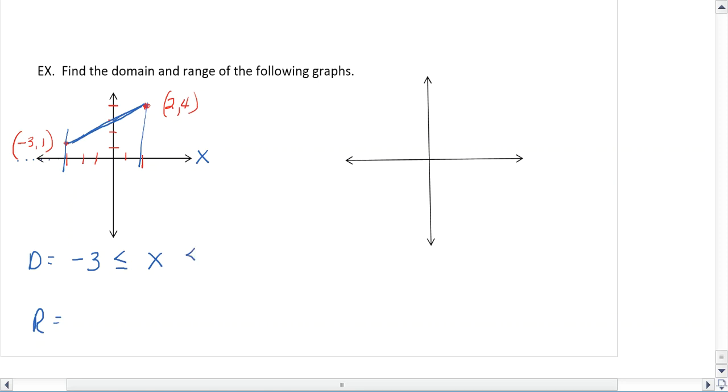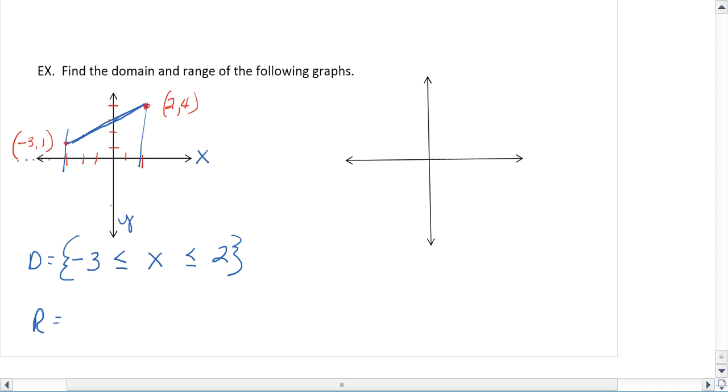So I would say less than or equal to 2. So we put the lower boundary here, the upper boundary here, and this is a set. It's the set of all x's such that -3 is less than or equal to x is less than or equal to 2.